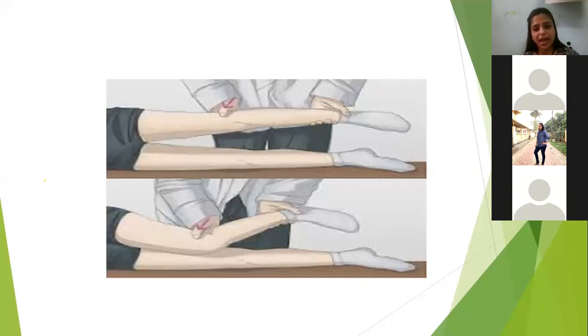One hand is on the ankle and one is on the lateral malleolus. Then make the patient do flexion and extension from 90 degrees down to 0 degrees. When the patient feels pain at 30 degrees, that shows there is IT band syndrome.